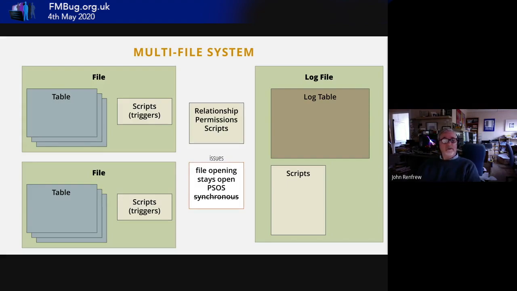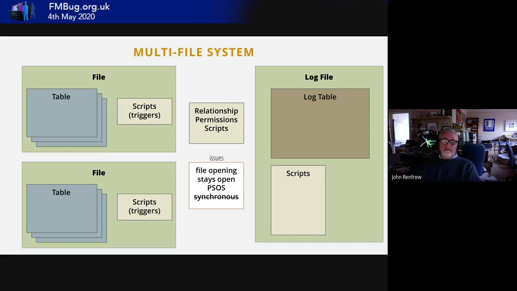But there's a number of other things we have to manage as well. The relationship between the file and the log file. We have to be able to talk from one to the other. We have to work out what happens about permissions. Does the permission set in the file allow you to write into the log file? And obviously we're managing scripts now in multiple places.